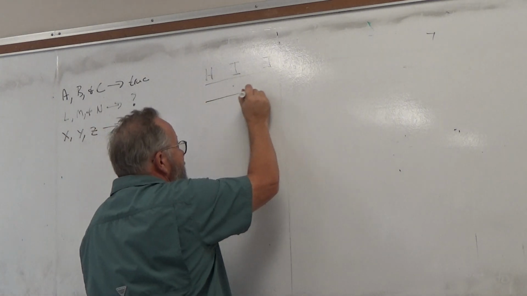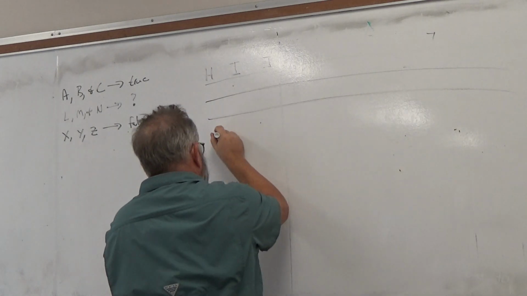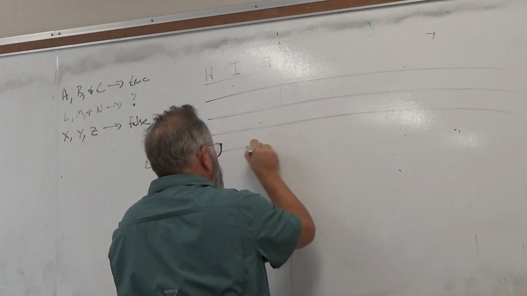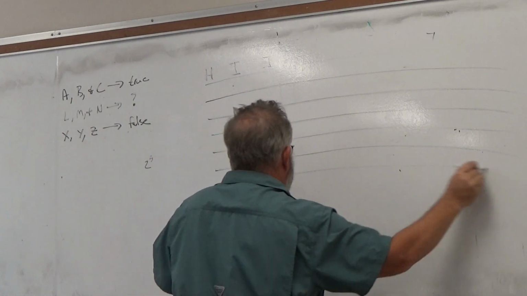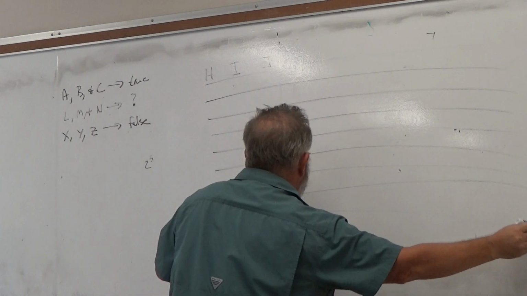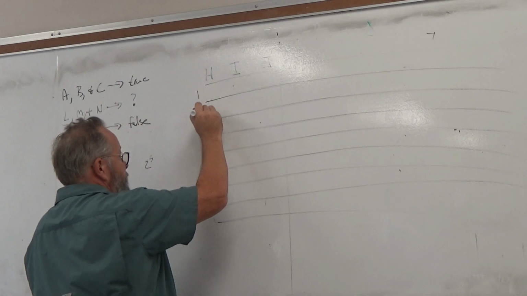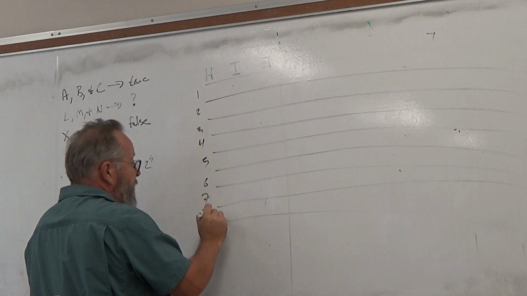So we need 8 lines. 1, 2, 3, 4, 5, 6, 7, 8.